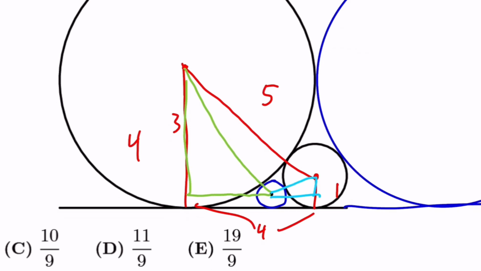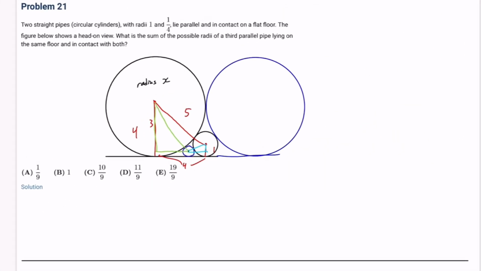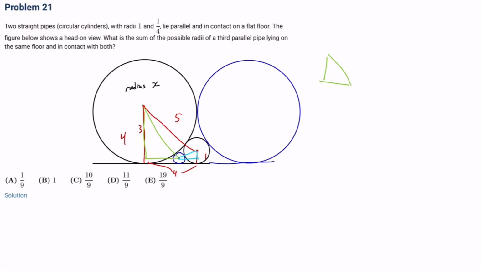Let's say that the radius is x. Radius of the small circle is x. Okay, so that means that this one here, I'll draw it here. So we have that and we have that. This one here is going to be 4 plus x. This one is going to be 4 minus x.